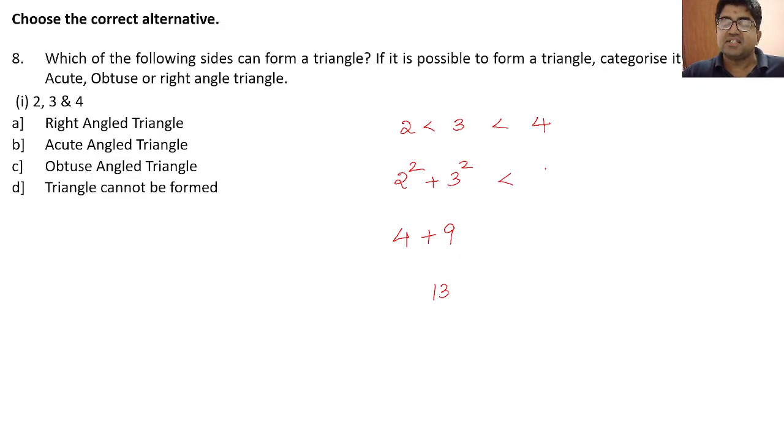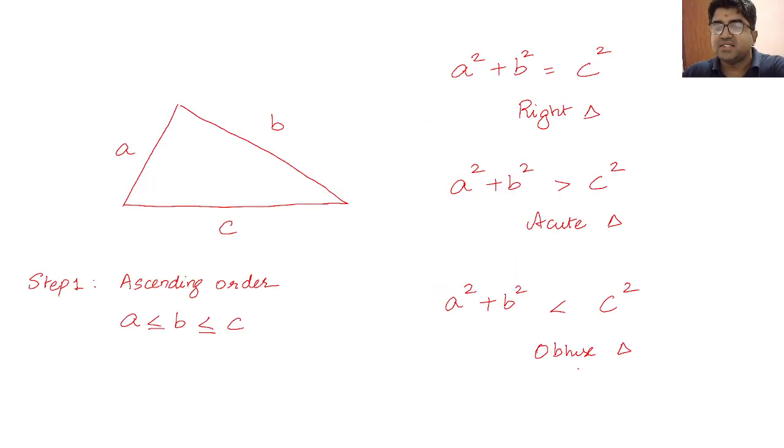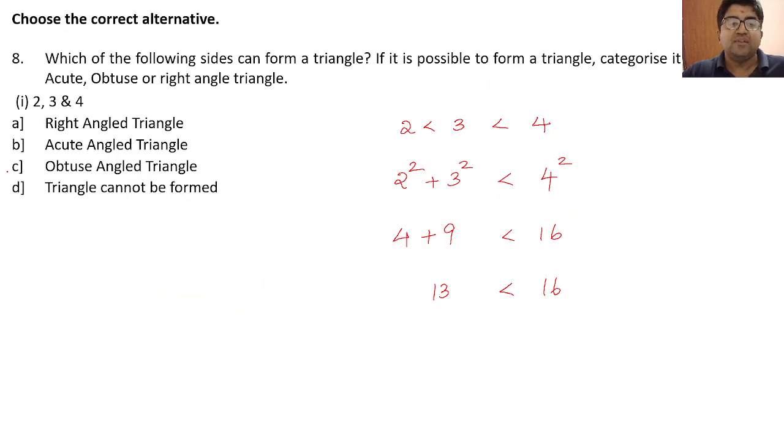This is less than 4 square, that is, 13 is less than 16. I know that this is the criterion for an obtuse triangle. So for this question, the answer is obtuse angle triangle.